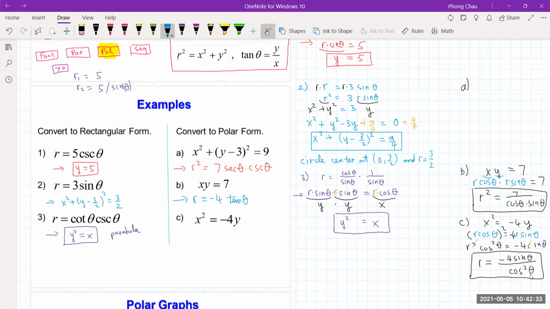And then you're left with another cosine at the bottom, and 1 over cosine is secant theta. So it's a bit neater, okay? Again, it's not required. Well, I just realized that I put it in the wrong spot, so let me rewrite it. Actually, C is negative 4 tangent theta secant theta. So that is for C.